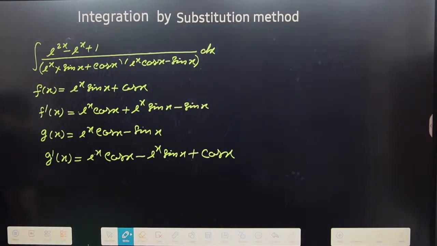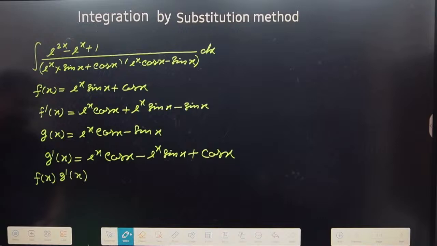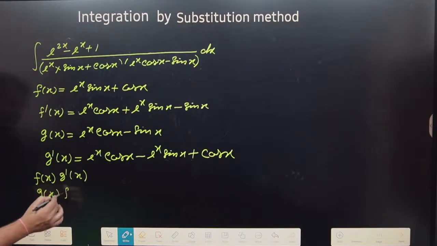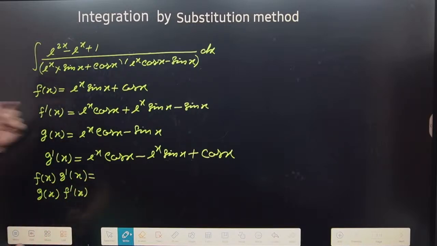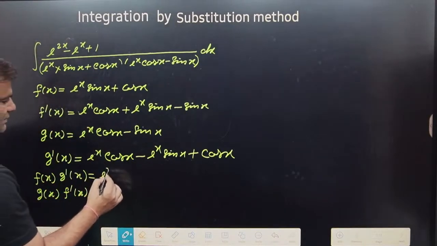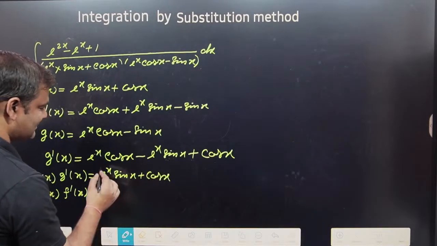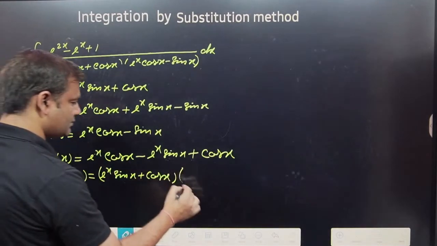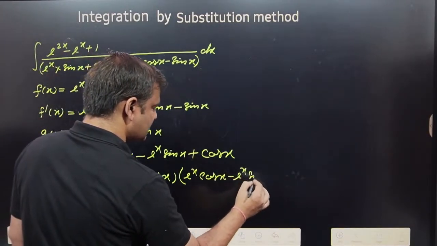Now after that, calculate f of x into g prime x, and after that calculate g of x into f prime x. This one into this one: here e to power x into sin x plus cos x into e to power x cos x minus sin x.